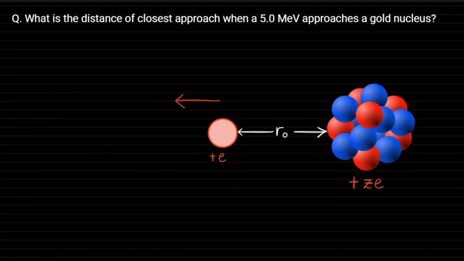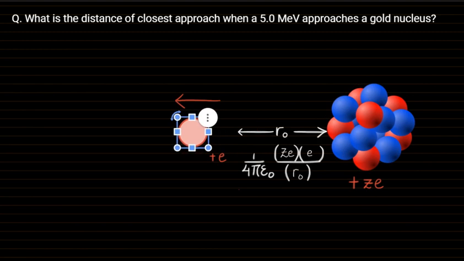And what is the electrostatic potential created in this case? 1 by 4 pi epsilon times the charge of the nucleus Ze multiplied with the charge of this incident particle e, divided by the distance between these two positive charges, which is known as your distance of closest approach r0. So this is the electrostatic potential created due to the interaction of these two particles, which causes this incident particle to move in the opposite direction.